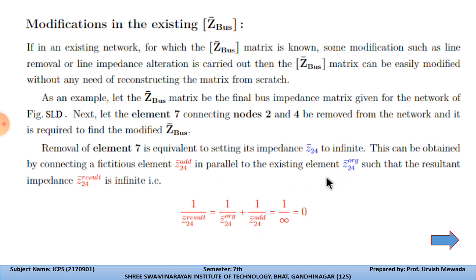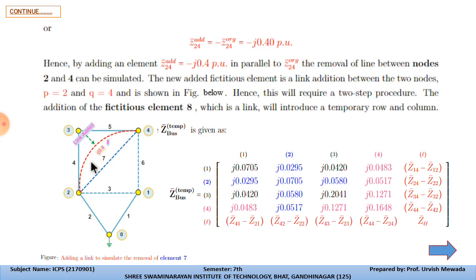So the element Z24 original is such that the resultant impedance Z24 is infinite. Let us see. In this we are adding this link, so this red line indicates the addition of the link, having impedance Z 0.4 pu.